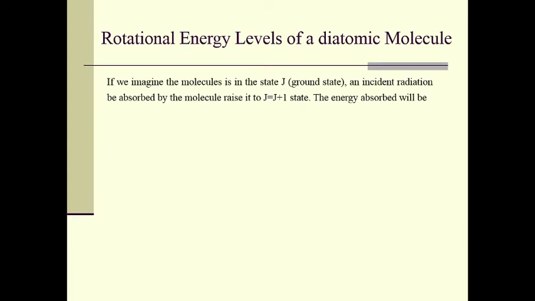Now let us consider our molecule is in the state J, the ground state level, and incident radiation is absorbed by the molecule, raising it to J is equal to J plus 1 state. So we have two such rotational levels, the lower one is J and the one above is J plus 1.